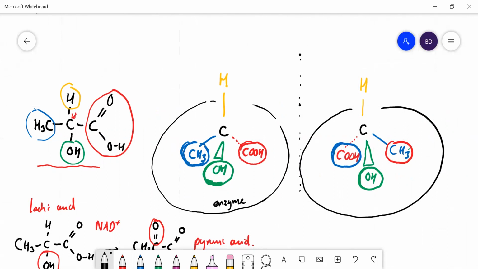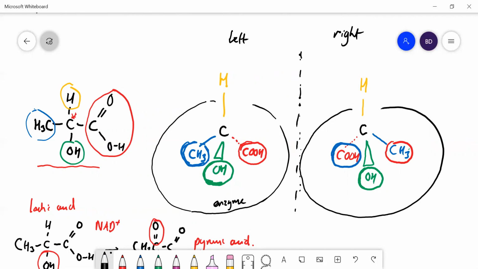And we've got one optical isomer on the left, and this is a mirror, and we've got its mirror image on the right. So these are the two optical isomers of lactic acid.